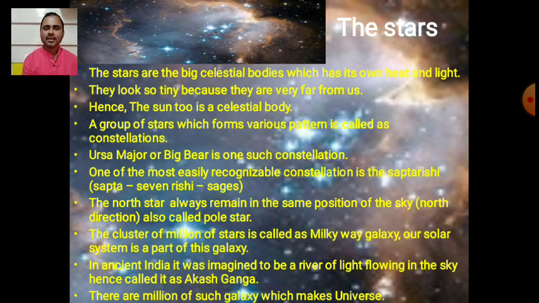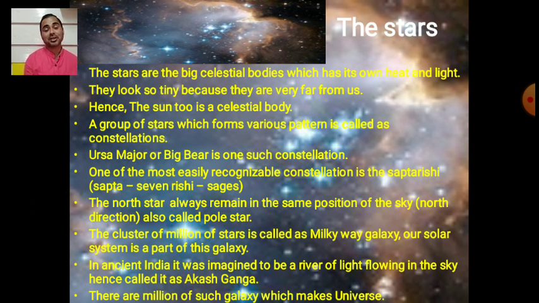Okay, let us know a little about the stars. Stars are big celestial bodies which have their own heat and light. It means there are some objects in the solar system which don't have their own heat and light, like the moon, but stars are big celestial bodies.